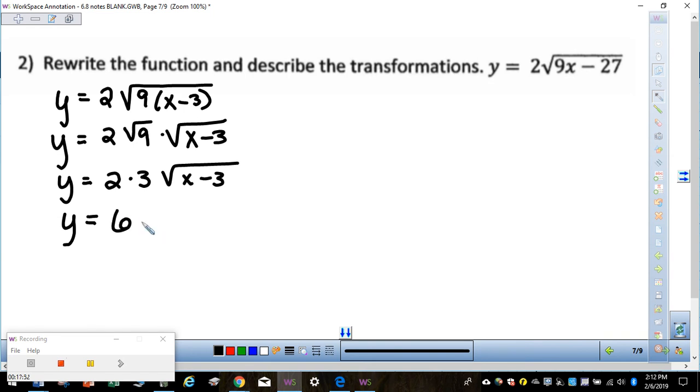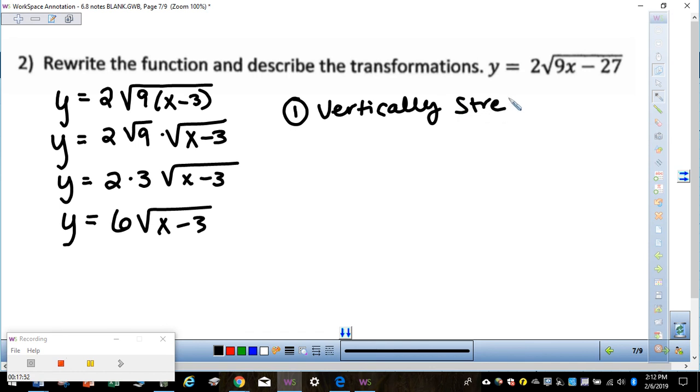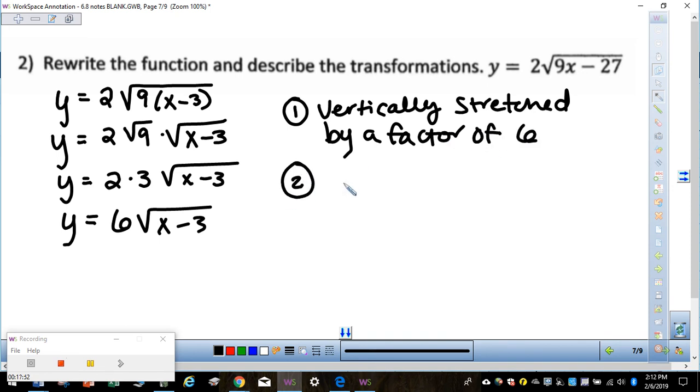So altogether, this is going to be 6 times the quantity x minus 3. So what's happening here with our transformations, we can say that it's vertically stretched by a factor of 6. And because we're subtracting 3 on the inside of our function, it's going to move to the right 3 spaces.